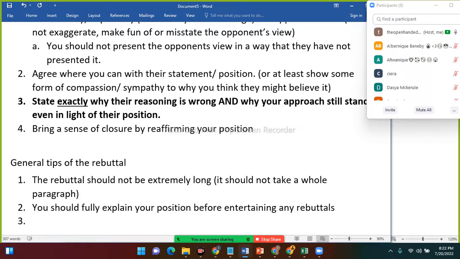The second thing is that the rebuttal should not take the whole paragraph. I already said that, so that should be clear. Don't mention every rebuttal you can think of.